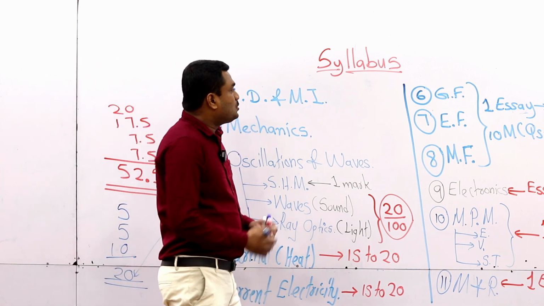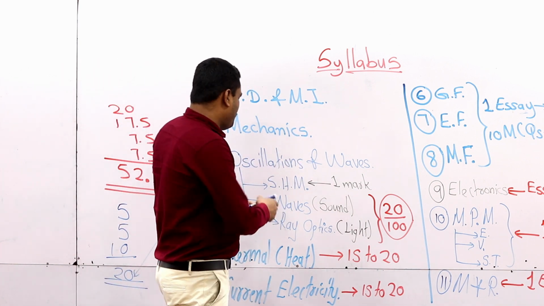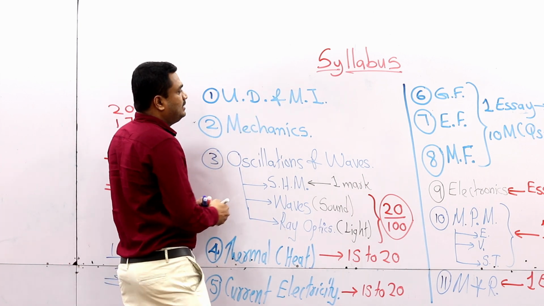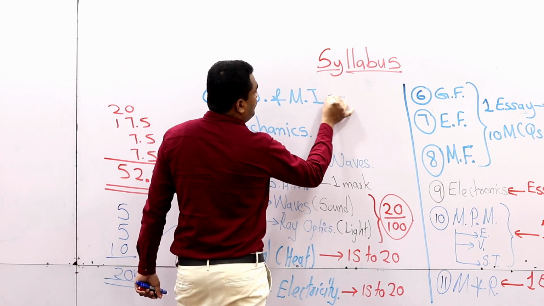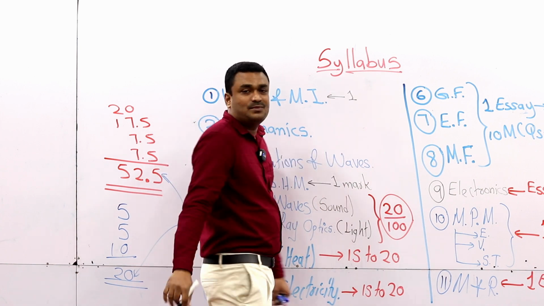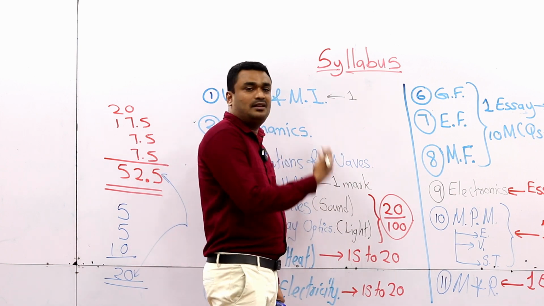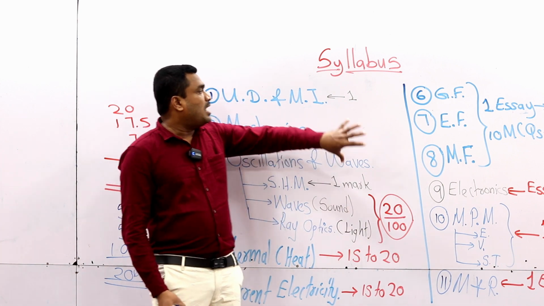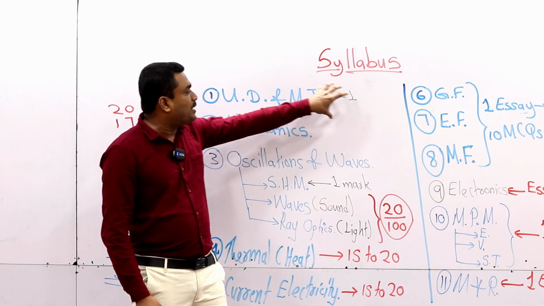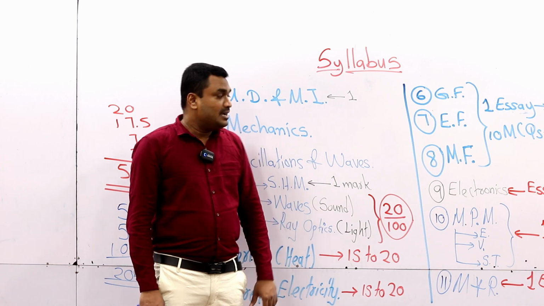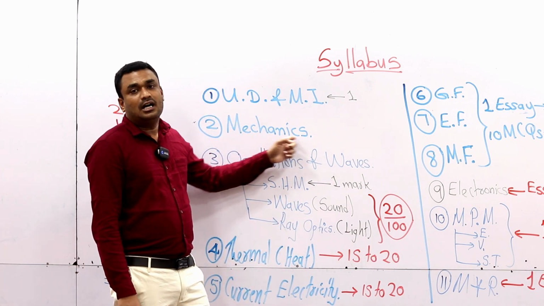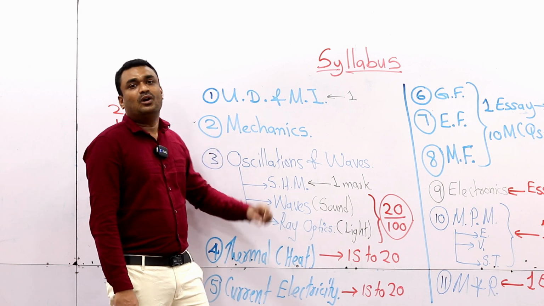Okay, dear? So for example, if you consider the units and dimensions lesson, what will happen? In the units and dimensions lesson, there will only be one MCQ. Only one MCQ means 1 mark. Therefore, you should not waste your time doing an unnecessary number of questions for units and dimensions. Mechanics is nothing, it's a dustbin lesson, because you have learned a lot of mechanics during your O-levels.